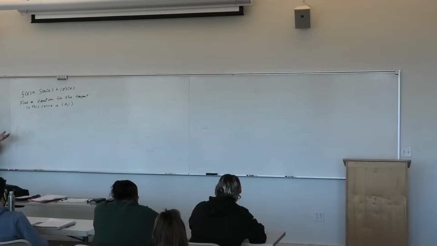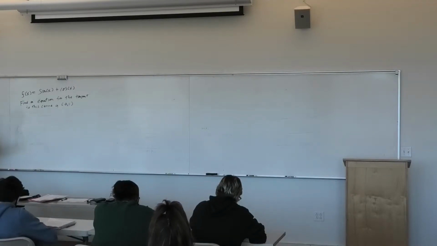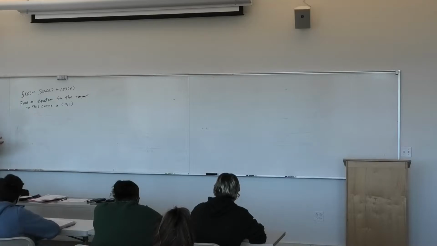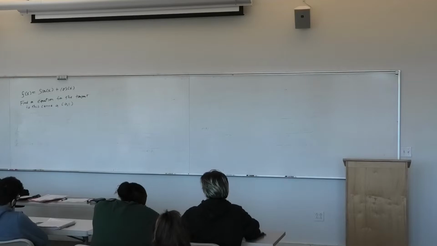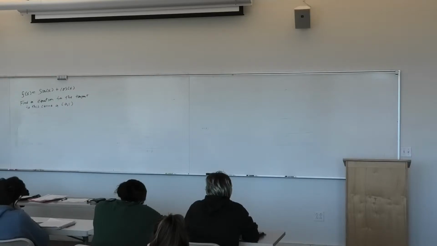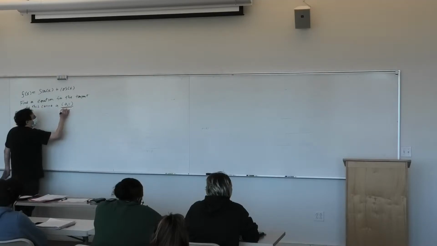Okay, so there's two parts to this. We want to find the derivative. That's going to tell me the slope of the tangent. And then you have to go back to your algebra 1 and find the equation of the line, given a point and a slope. Now, as a general recommendation, I always think it's good to make sure that this isn't a bogus question.